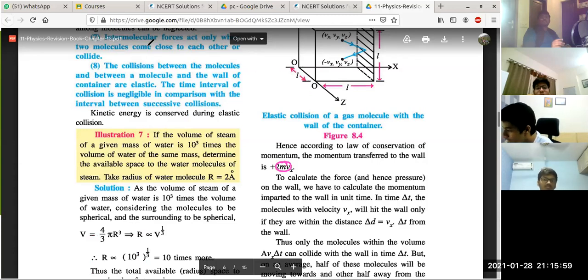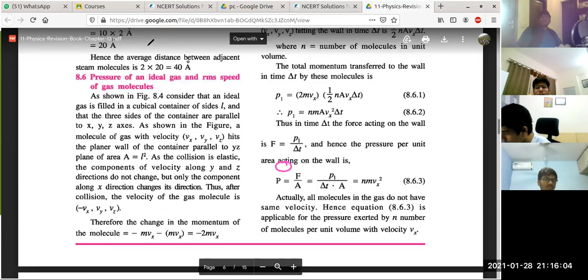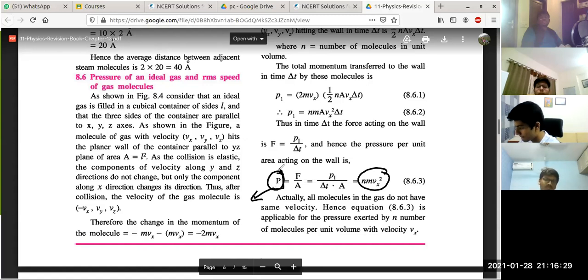But now, what is this? This is pressure. Is it macroscopic or microscopic? You understand that the velocity and mass of the molecules are microscopic. See this relation: pressure is equal to N m Vx square. Everything on the left is pressure, which is macroscopic.